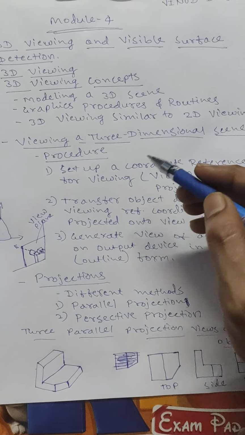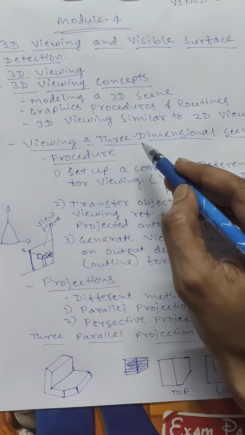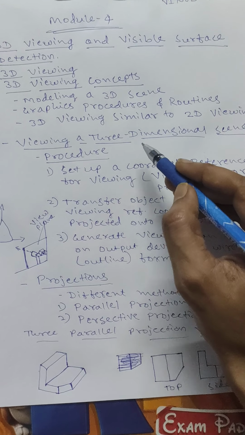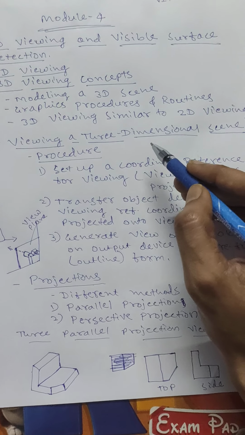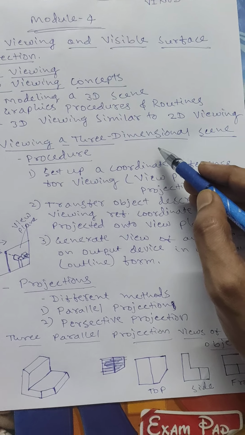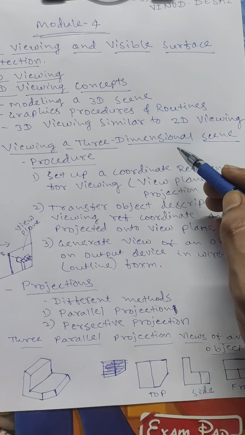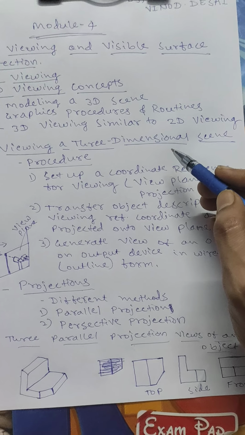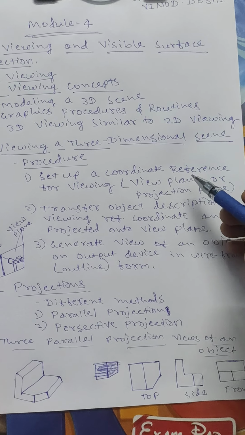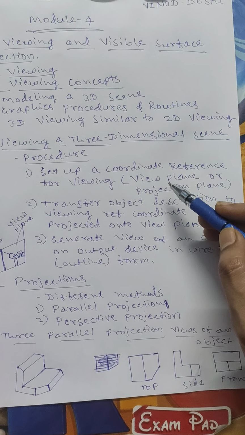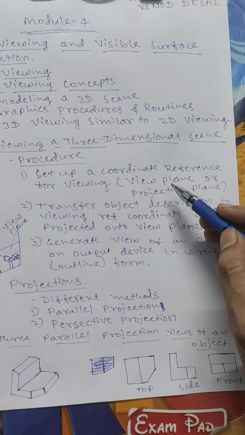The next concept is viewing a three-dimensional scene, that is how to view or how to display a three-dimensional scene. There is a procedure to perform this, and the different steps in this procedure are: the first step is to set up a coordinate reference frame for viewing.